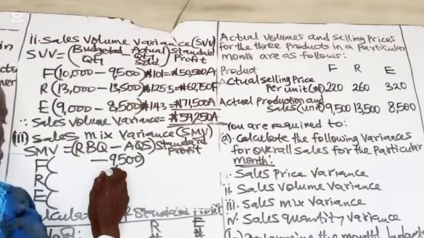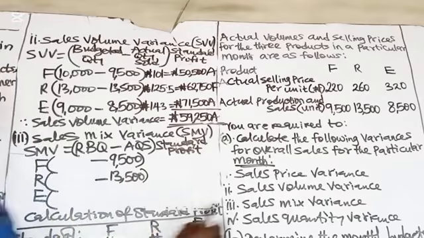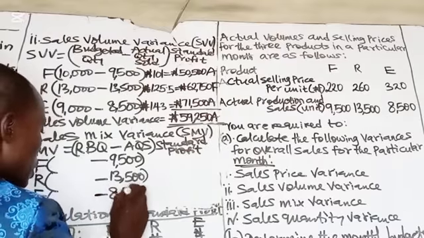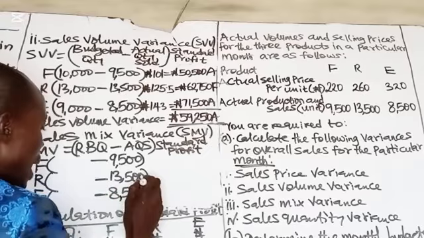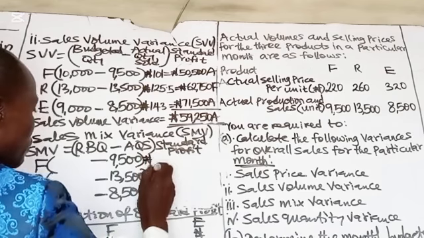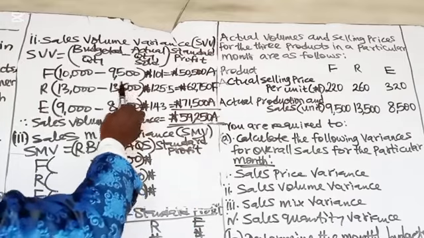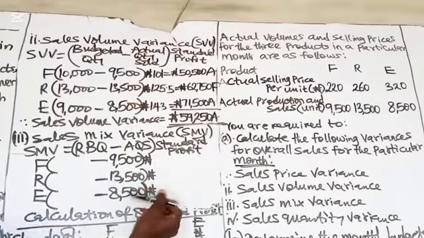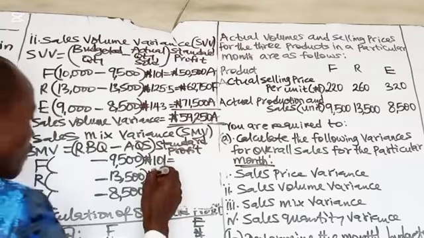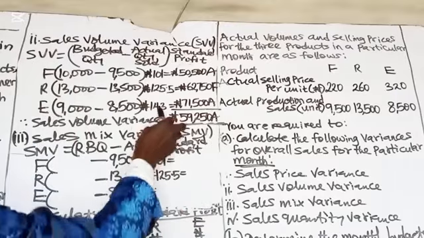Then multiply by standard profit. From our calculation, our standard profit for F is 101, then 125.5, then 143.